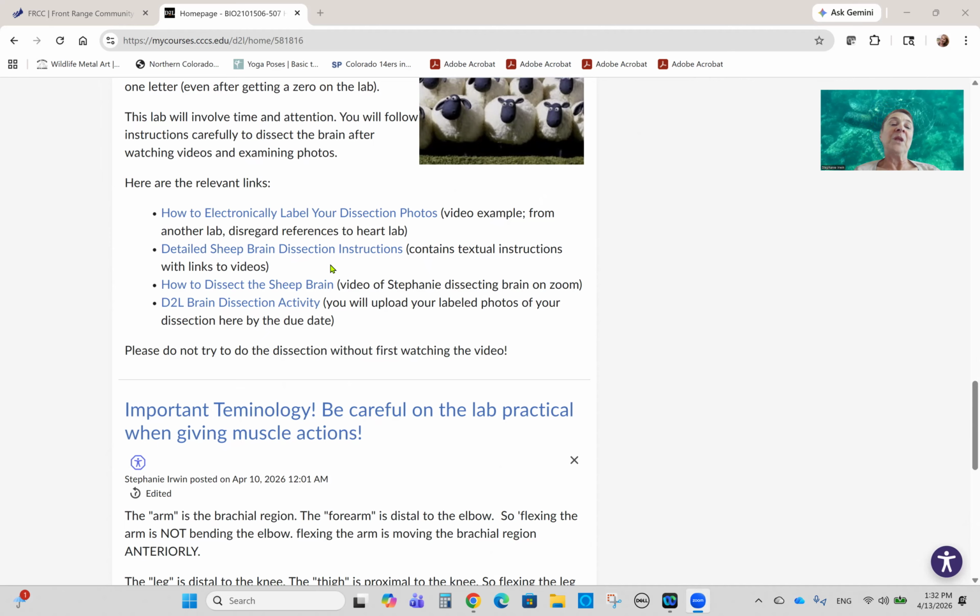Here are the very detailed sheep brain instructions, and this is going to tell you exactly what photographs you need to take. But don't just read that and start dissecting. You want to first watch this video on how to dissect the sheep brain. That's one that I did on a Zoom call with students.